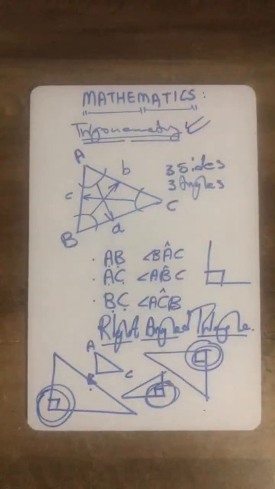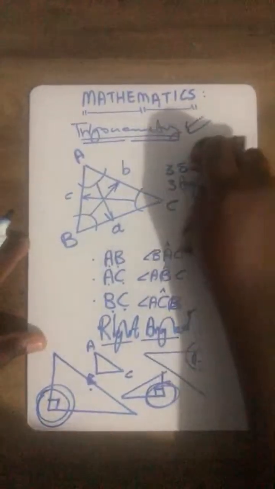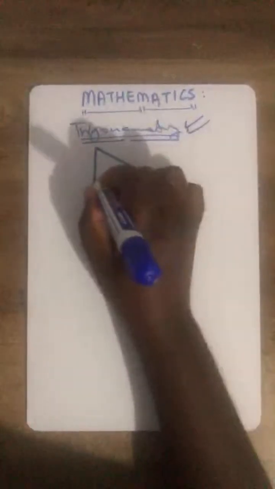So now let us make a conclusion to say in trigonometry we are focusing on right angled triangles.